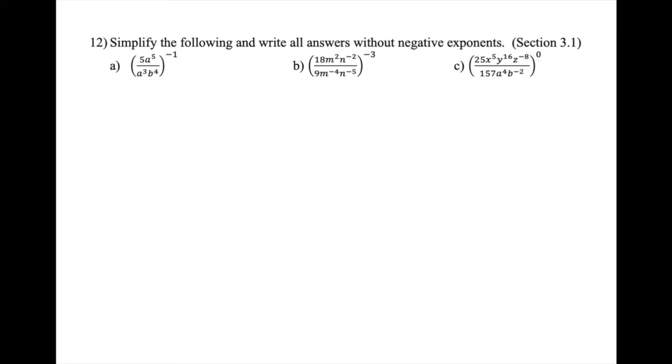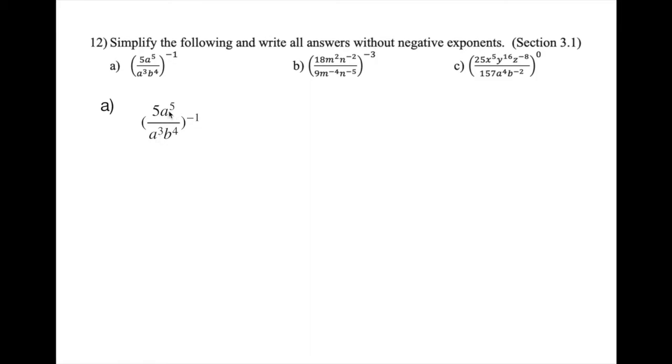Number 12, they ask you to simplify the following. So let's look at them one by one. For the first one, if we look at what's inside the bracket here, we first want to simplify that if possible. So we can see that there are a to the power of 5, a to the power of 3 up and down here.